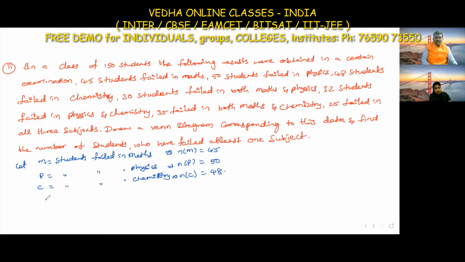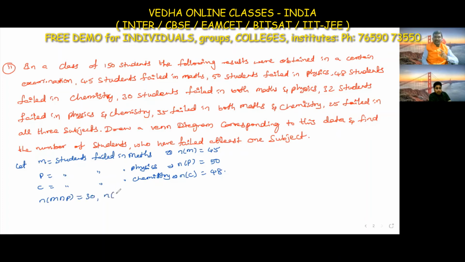Now the number of students failed in two subjects. 30 students failed in both maths and physics. So the number of students failed in maths intersection physics is equal to 30.